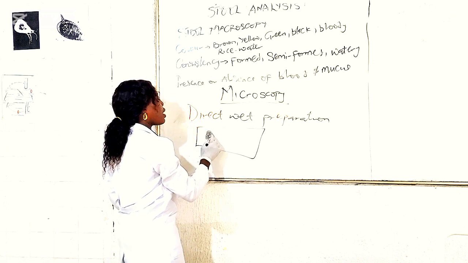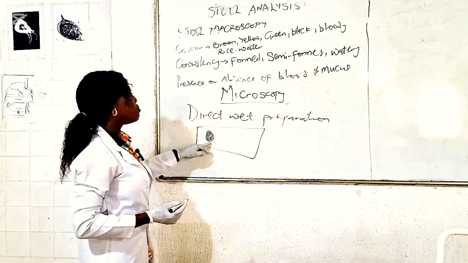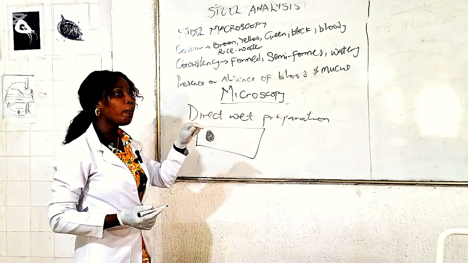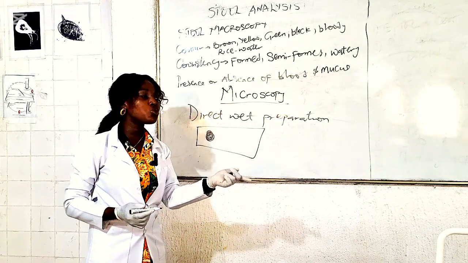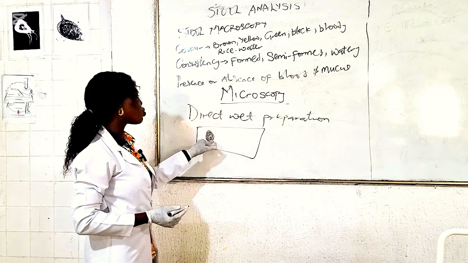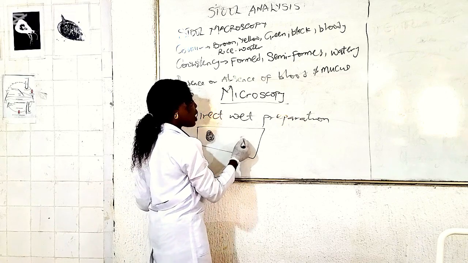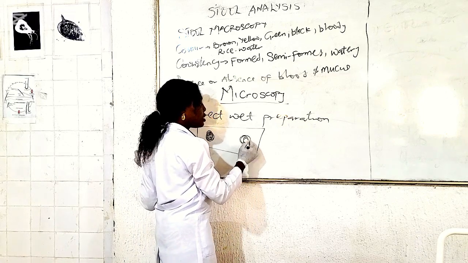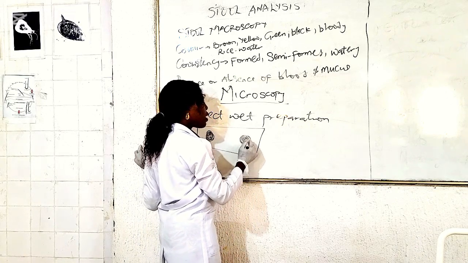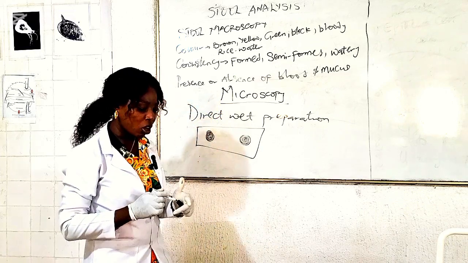You emulsify it to obtain a homogeneous mixture. You don't need to take so much of the stool sample, just a very little portion. Emulsify it to obtain a suspension. And then to the other end, you add a drop of iodine. Then you emulsify a little quantity of stool sample as well, and you cover both with the cover slip.